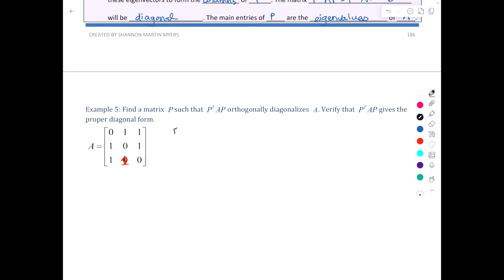So then, lambda I minus A is going to equal lambda, negative 1, negative 1; negative 1, lambda, negative 1; negative 1, negative 1, lambda. And you'll notice that it is symmetric.